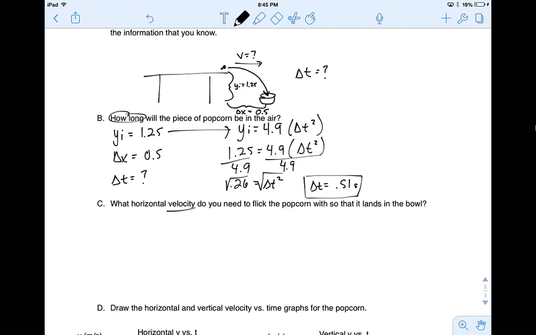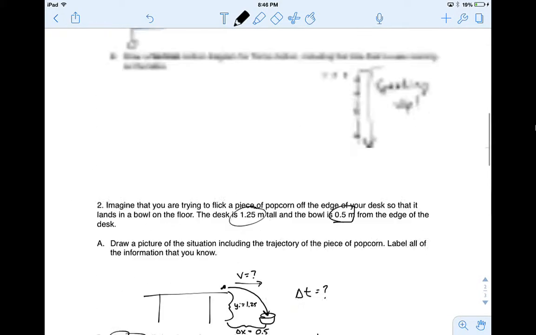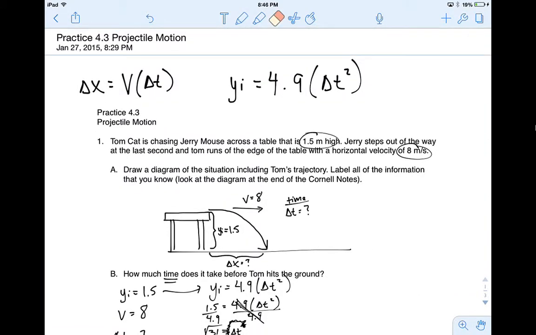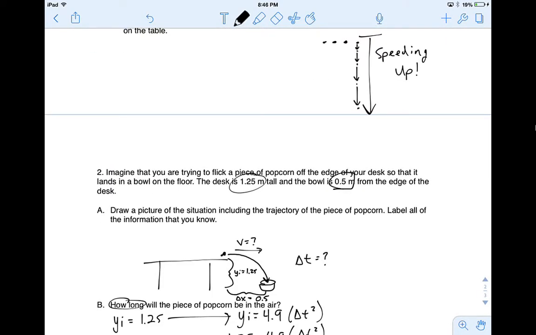What horizontal velocity do you need to flick the popcorn with? Now it's looking for velocity. I know yi is 1.25, delta x is 0.5, and delta t is 0.51, and I'm looking for velocity. If I'm looking for velocity, then it has to be this equation because it's the only one with velocity in it. Delta x equals v times delta t.